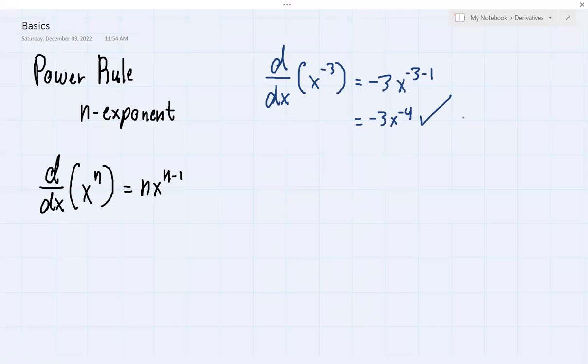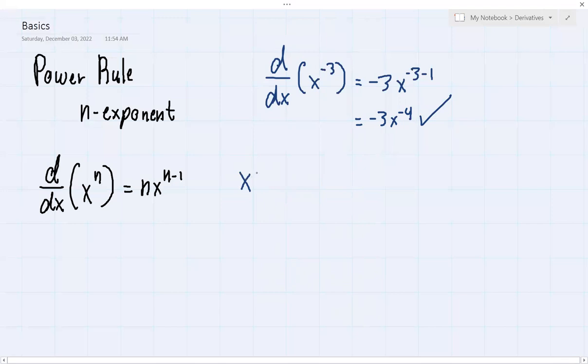Pero, we can simplify this one pa. Why? Di ba meron tayong negative na exponents? So, kapag ayaw natin ng negative, anong ginagawa natin? Di ba we reciprocate it? Recall natin sa isa sa mga laws of exponent.